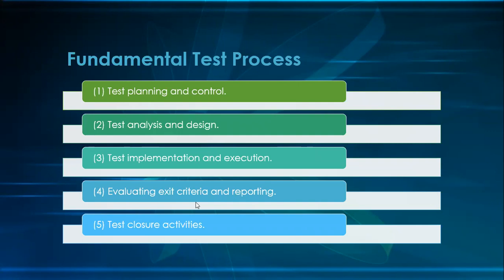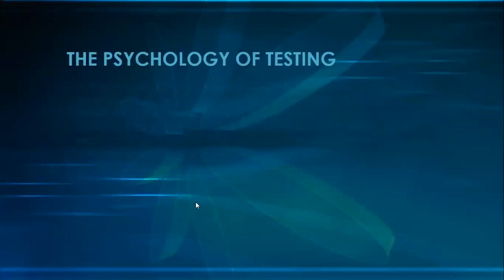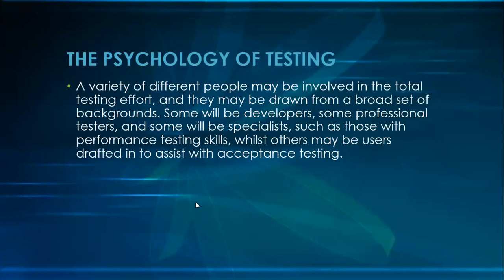Remember, general principles of testing, we have 7 of them. Fundamental test process, we have 5 of them: test planning and control, test analysis and design, test implementation and execution, evaluating exit criteria, test closure report. And this takes us to the psychology of testing, mainly a summary of what we have done.